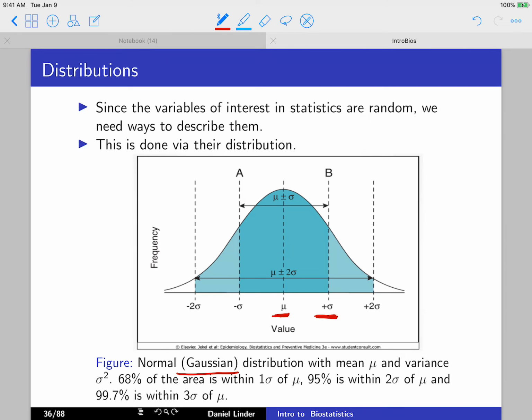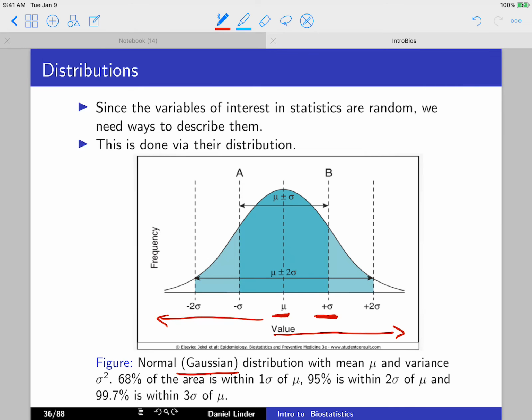And the mean, for instance, if you were to increase the mean, it would shift the entire distribution in this direction. If you were to decrease the mean, it would shift the entire distribution in this direction.